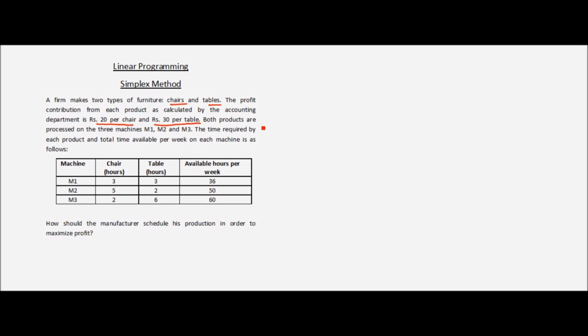Both products are processed on three machines M1, M2 and M3. The time required by each product and the total time available per week on each machine is as given below.